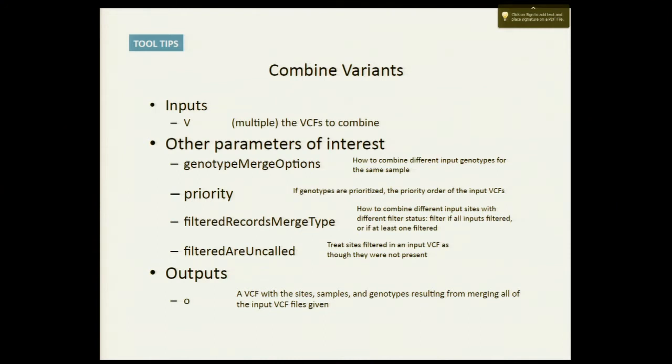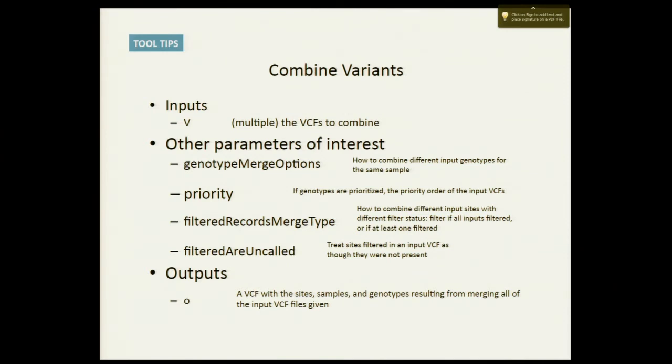You provide, as multiple arguments to this -v, all of the VCFs, all of the call sets that you want to put together, and say, stick it in this output VCF. And it's smart enough to sort the files appropriately, and if there are samples present in one call set and not another, they'll get no calls for the sites at which they hadn't been assayed and things like that.